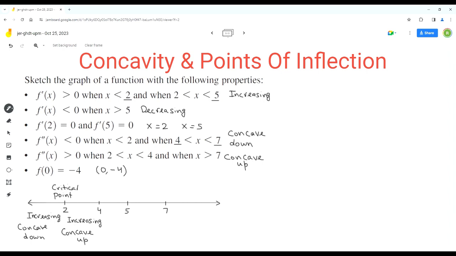Now we can analyze the interval from 4 to 5. Between 4 and 5, the function is increasing as per the first property, and the function is concave down. Now at x equals 5, there is a critical point.